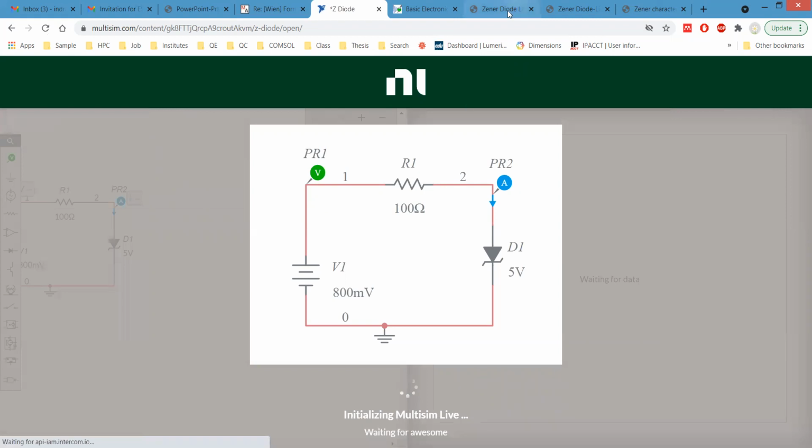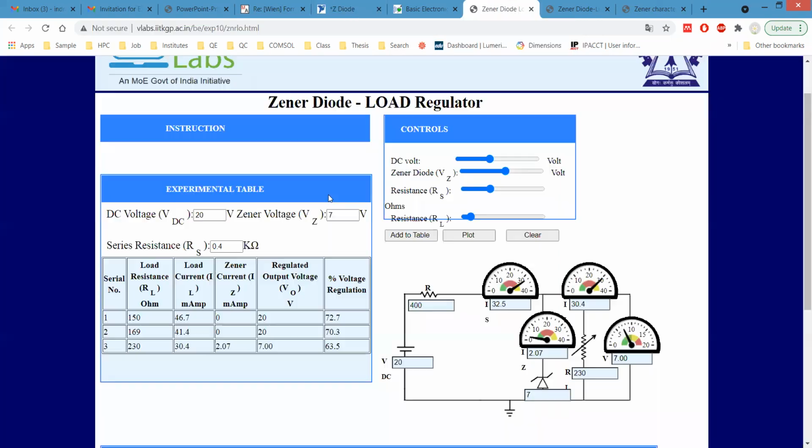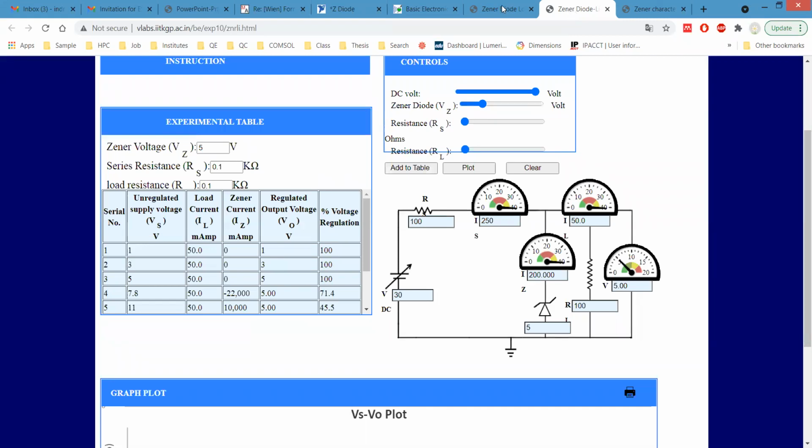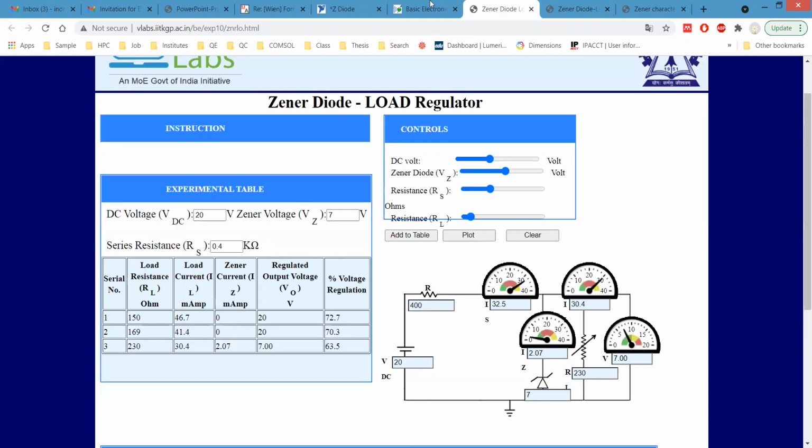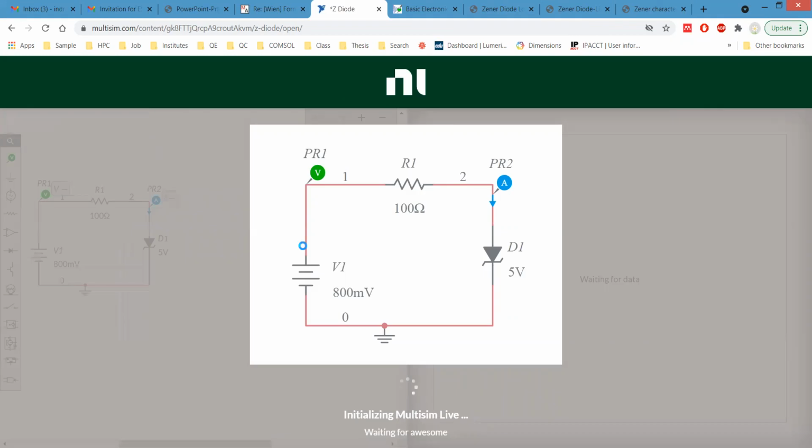For line regulation, we have to draw this circuit, one series resistor, and oh no, this is for load regulation. Load regulation will be easier if we just vary the load.